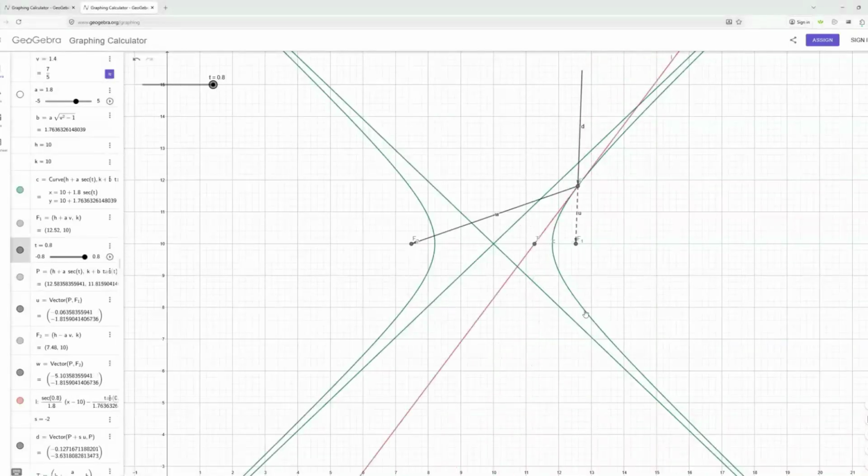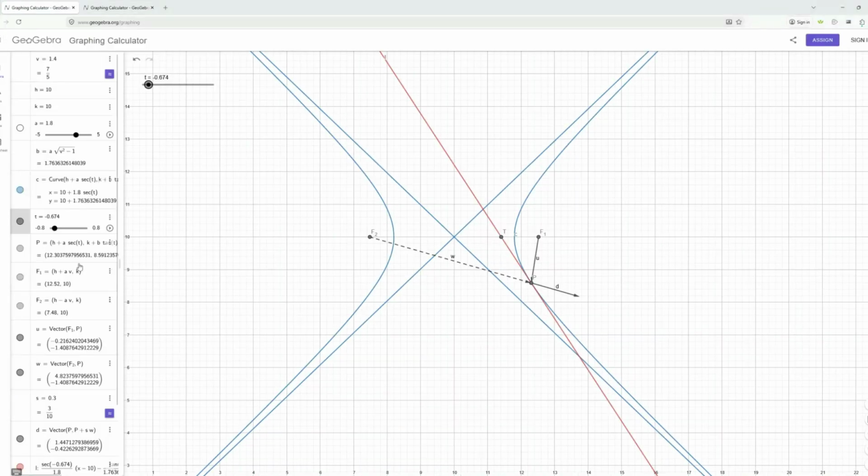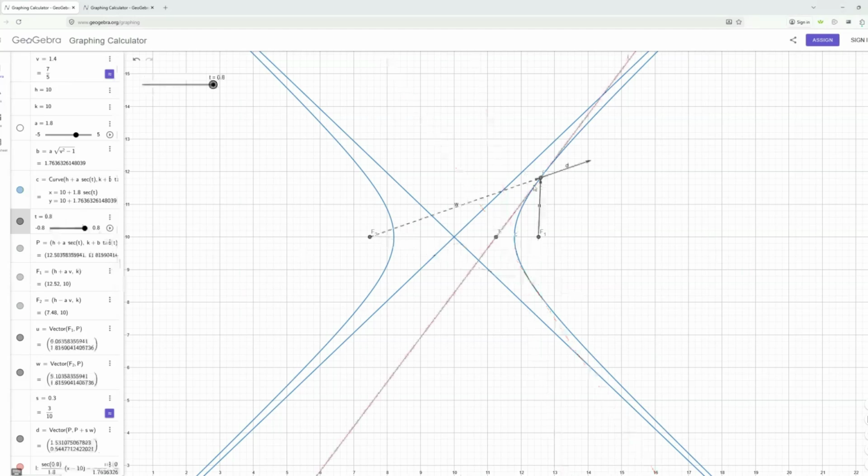So notice that the triangle P, F1, F2, which includes the point T on the transverse axis in the external property, is the same as the triangle P, F1, F2, which again includes the point T on the transverse axis in the internal case. And so the corresponding angles with respect to the tangent line are the same.